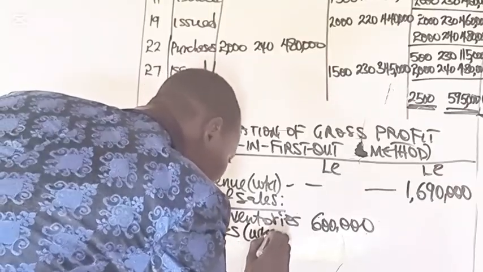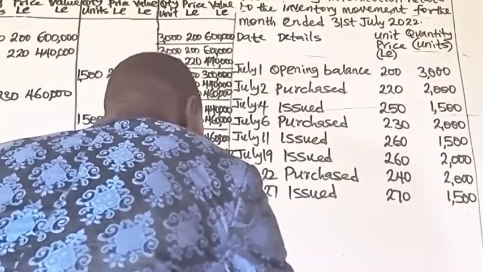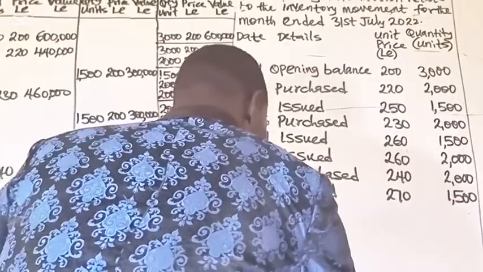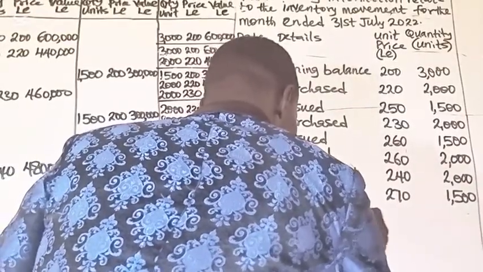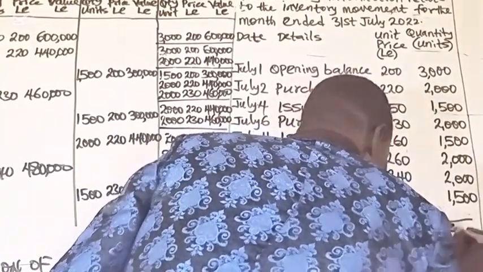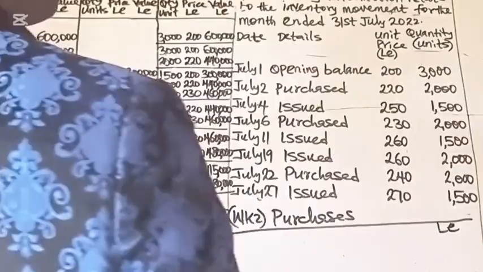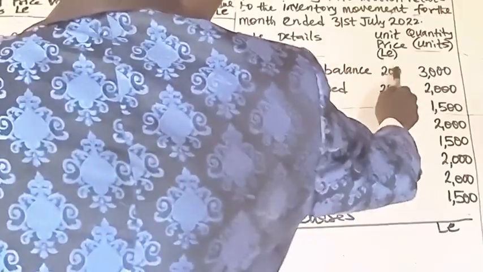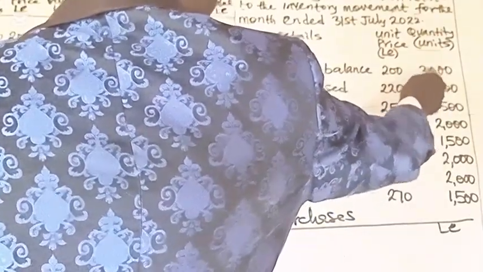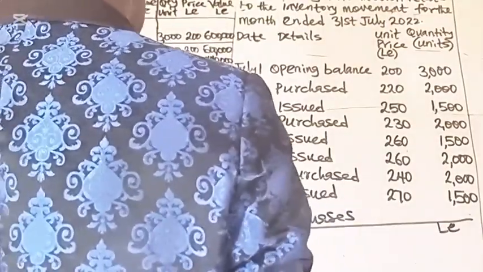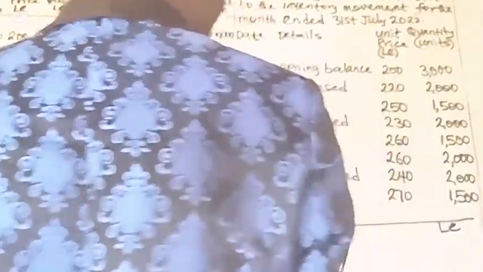Let's have this as working number 2, purchases. The purchases are the receipt items given in the question. But remember, this is the opening balance, 3,000 times 200, which is 600,000. That is how we got the 600,000 recorded as opening inventory.